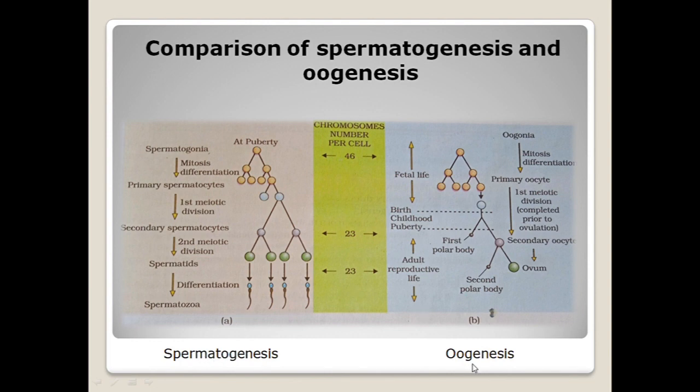But in the case of oogenesis, it begins from fetal stage, that is before birth. The multiplication phase and growth phase are completed before birth. And the primary oocyte enters into prophase 1 of meiotic division.